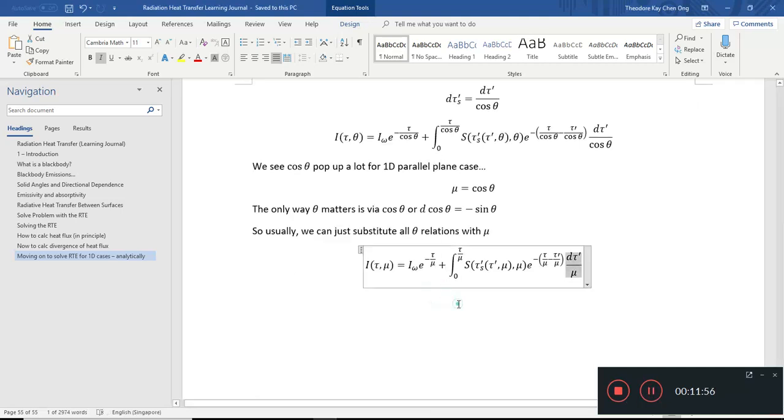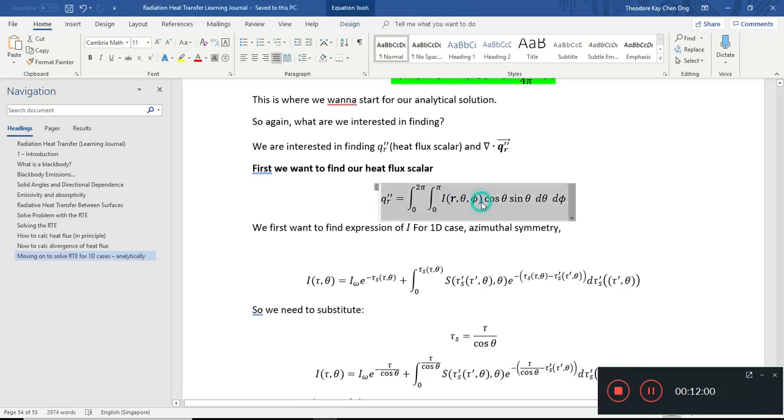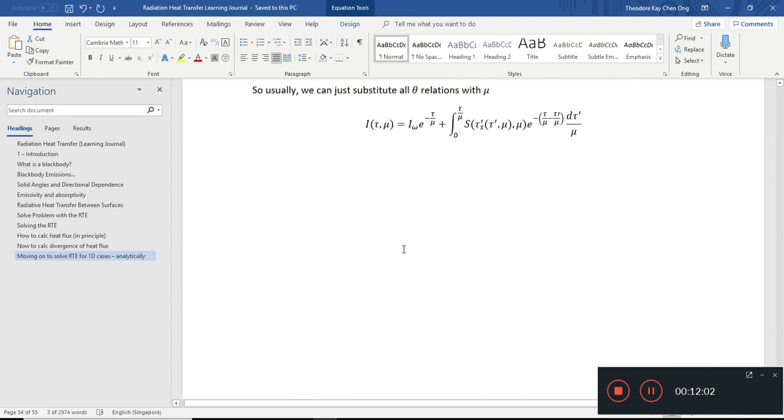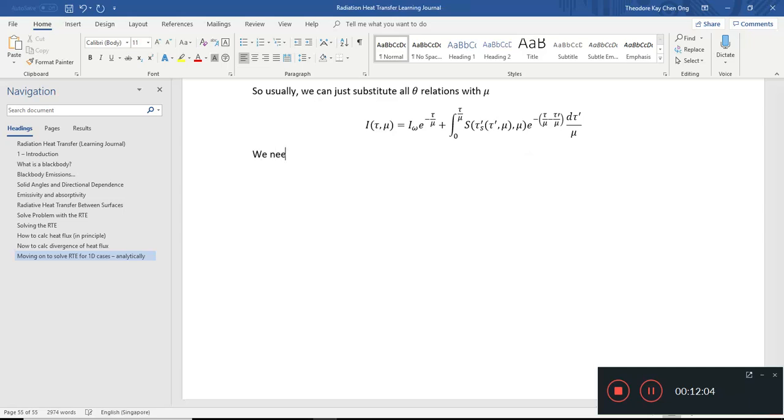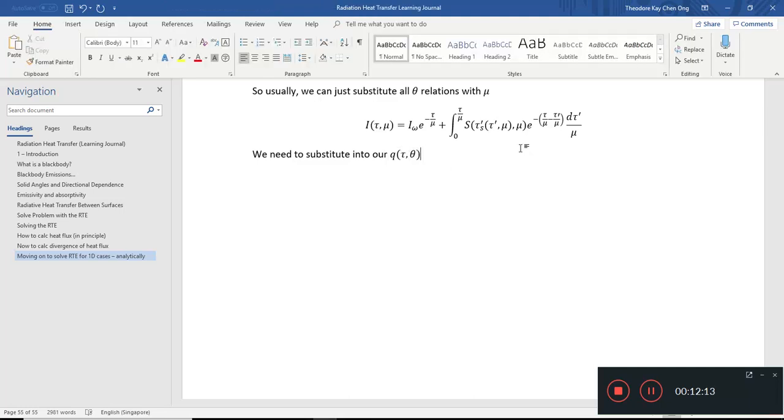Yeah. So having that all said and done, what do we do next? We still need to substitute into our q tau theta relation, or rather, just the q, the scalar heat flux, right?